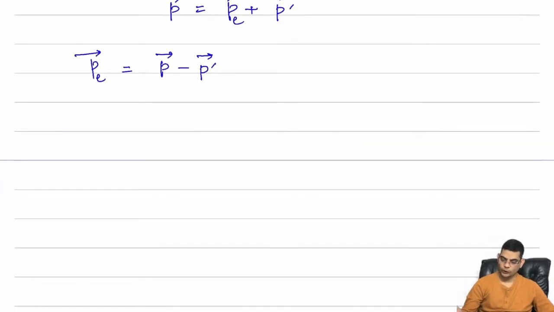Now take the dot product on both sides, then we get P square is equal to P minus P dash dot P minus P dash.